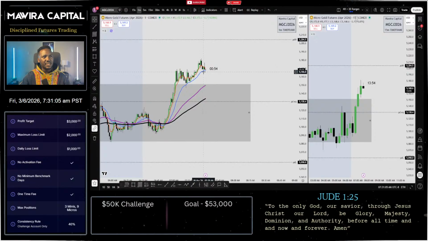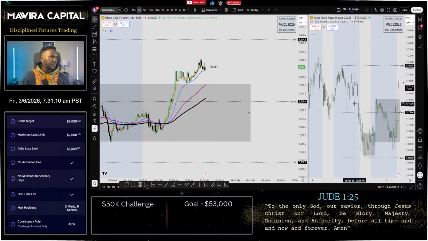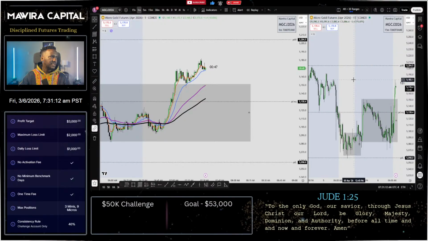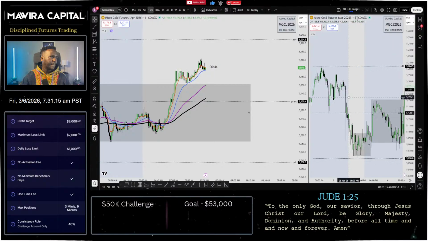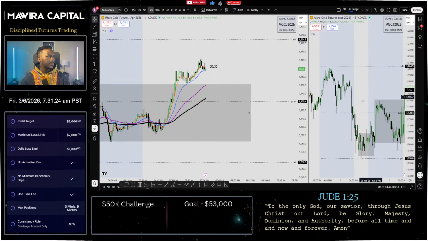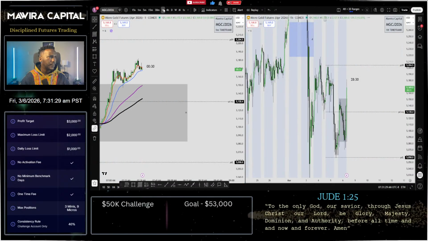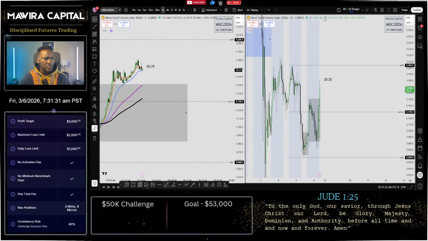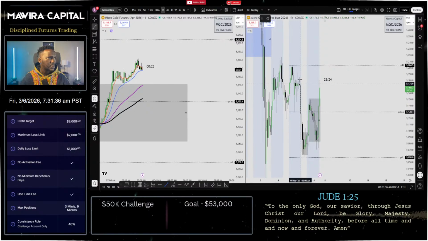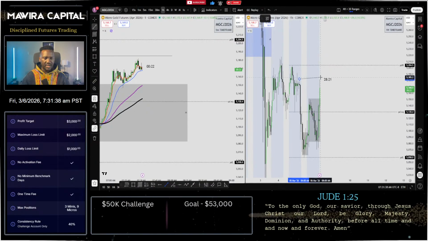I would like to be in a trade, honestly, before we get to that previous day high, which I think is where we're heading to. We do have some buy sides in here as well. That high and that high. But for me, I want to see those highs taken. So what I'm gonna do is, that's buy side right there.